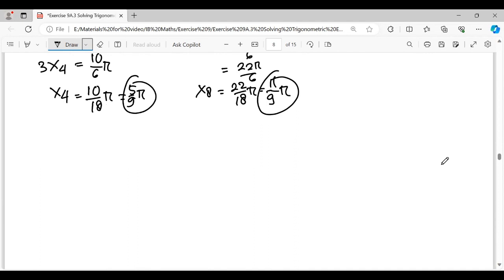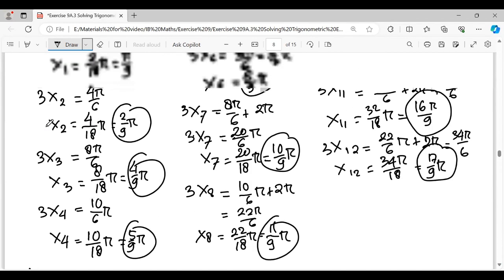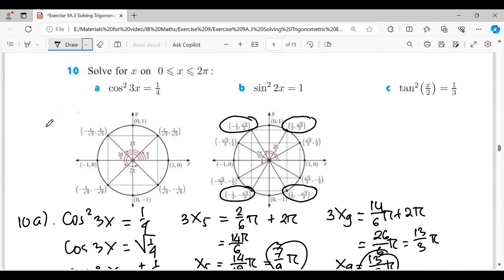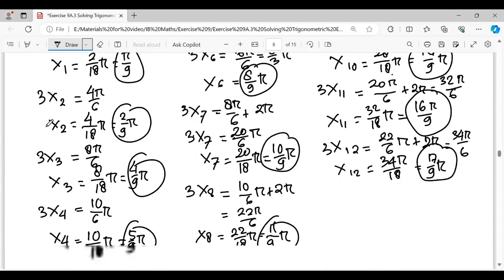Next, 10B. I'm going to look at question 10B. Sine squared 2x equals 1.